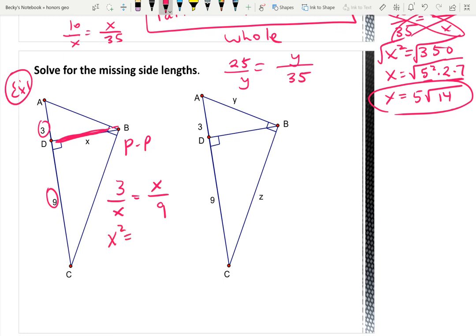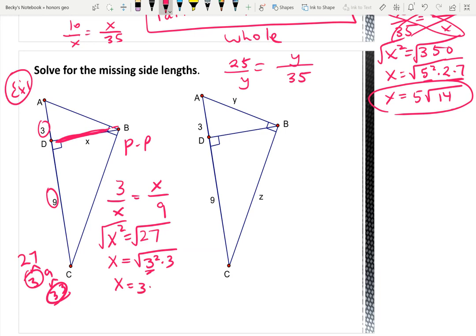So x squared equals 27. We're going to take the square root of 27, and 27 is 3 times 9, which is 3 times 3 times 3. So you have one grouping, 3 squared, and a 3. This 3 gets to break out, so it's 3 root 3.